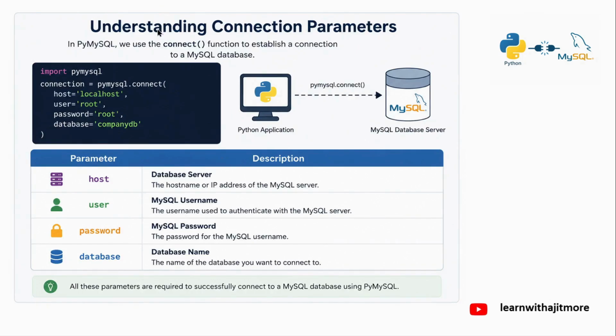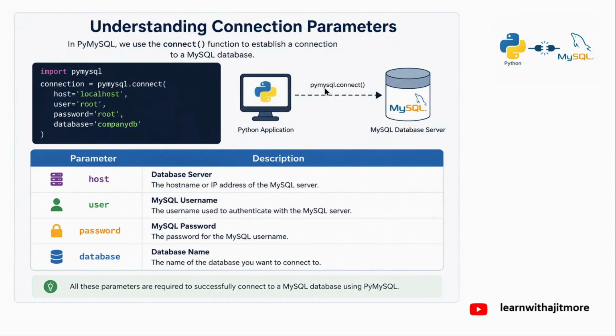See here. Understanding connection parameters. Your Python application is going to interact with your DBMS only when the connection is established. And it establishes the connection by calling the connect method of your PyMySQL library.